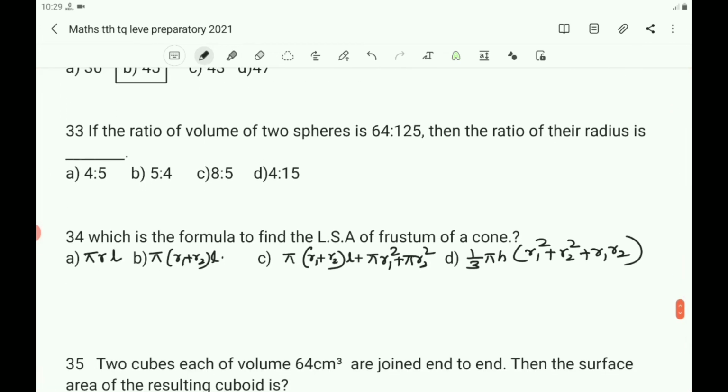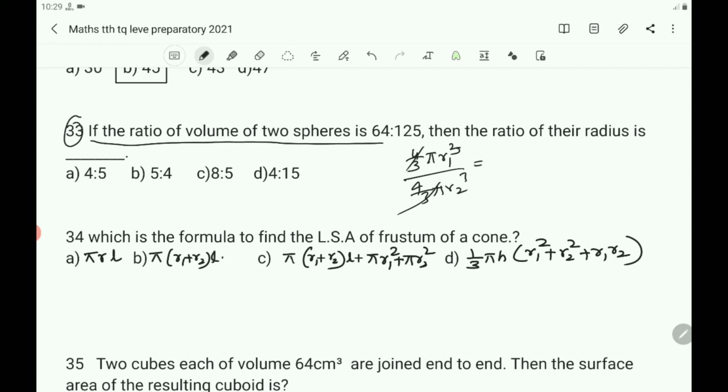Then question number 33. If the ratio of volumes of two spheres is 64 is to 125, then the ratio of their radii is. Here you know the formula for the volume, that is 4 by 3 pi r cube. If you take r1 and r2, 4 by 3 pi r1 cube over 4 by 3 pi r2 cube, this cancels. So r1 cube by r2 cube equals 64 by 125.